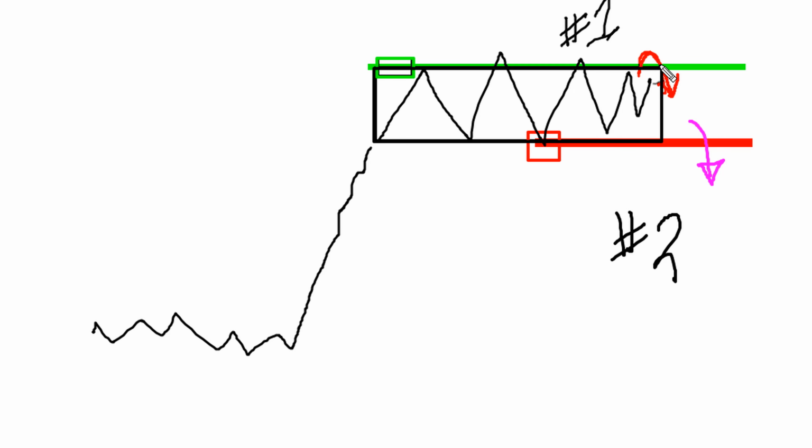So number one, a failed breakout. Number two is a break below the lowest close while the base was being formed. So this is while the base was being formed, you break this. So that's the second wrong. And I'll show you some examples here in a little bit.